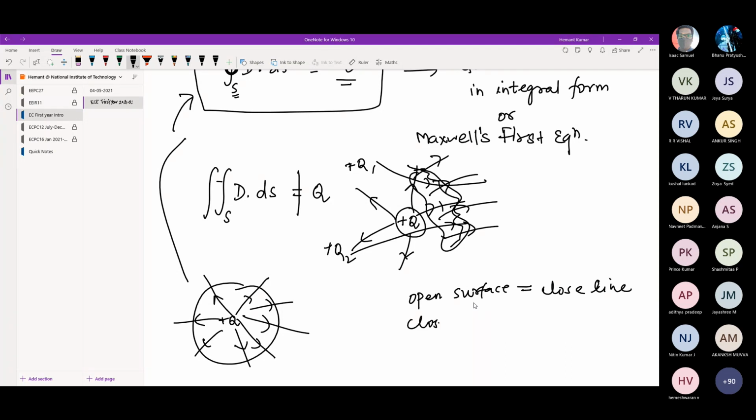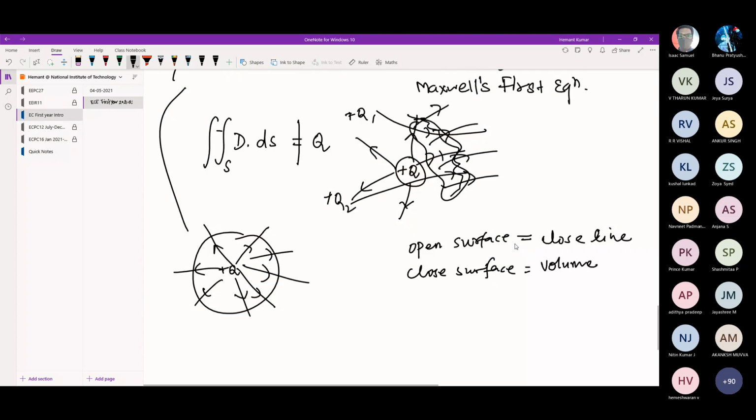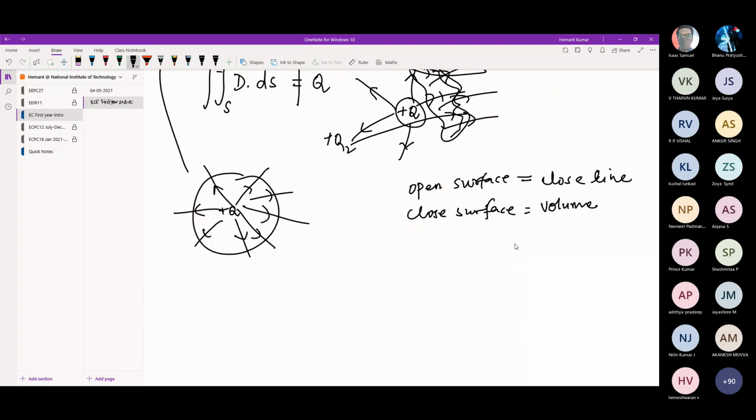A closed surface will contain some volume. So this is the difference between an open surface and a closed surface. Similarly we have a line, simply a line, and a closed line. There is a difference. A closed line will always have a surface area.